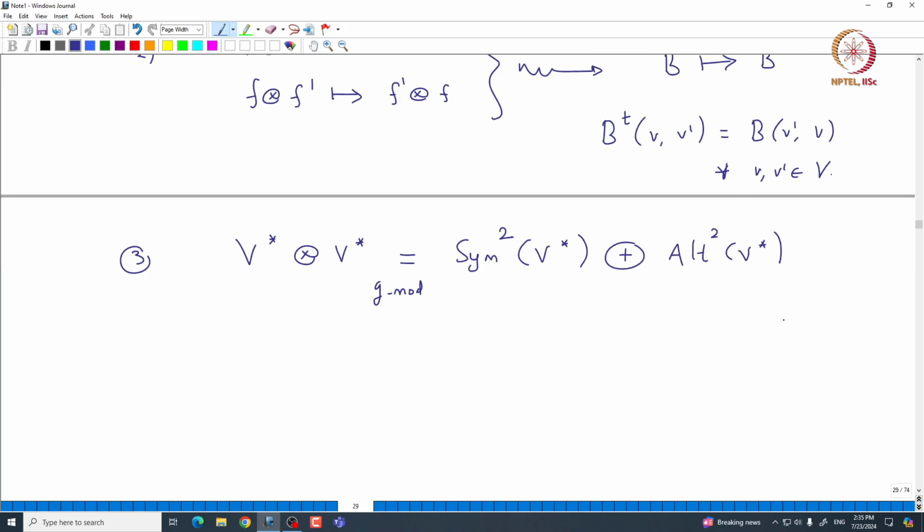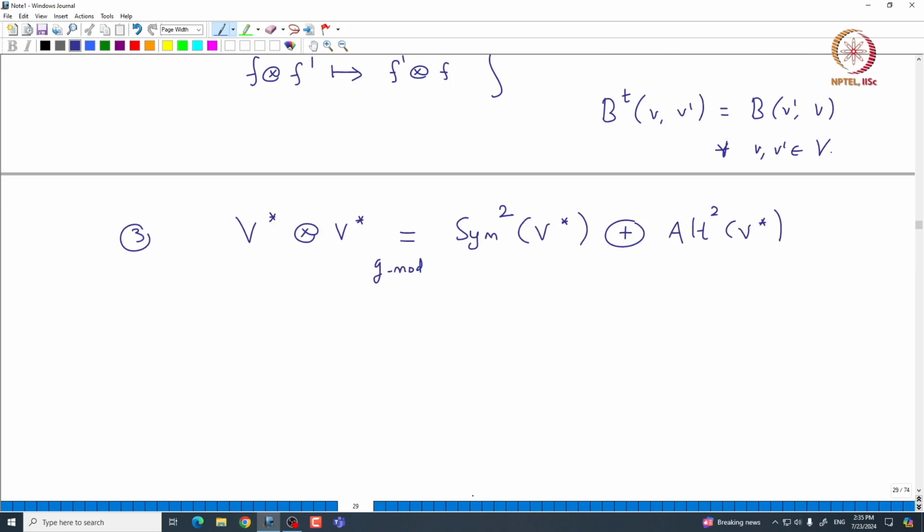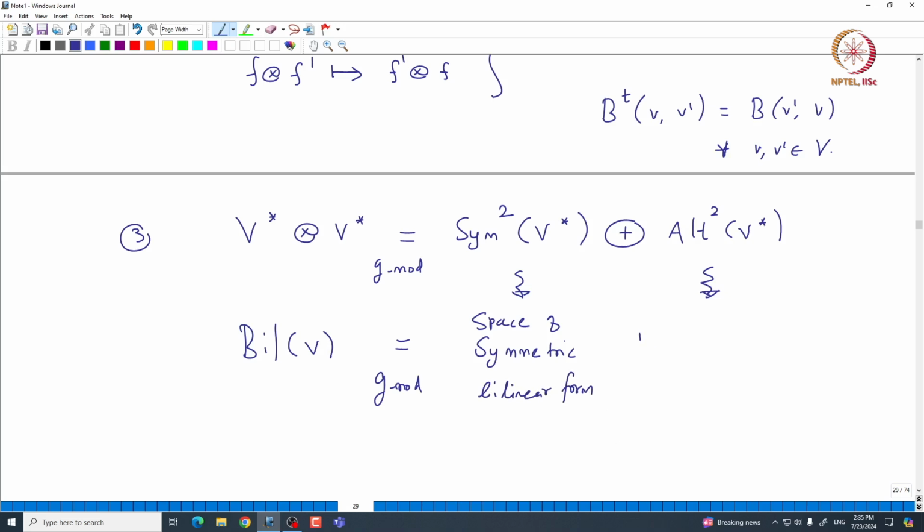If we take the corresponding things inside the bilinear forms, the Sym^2 corresponds to the space of symmetric bilinear forms, and that is easy to define.